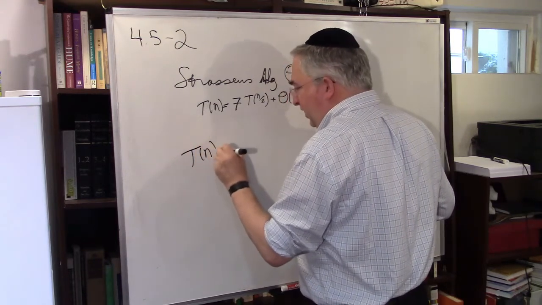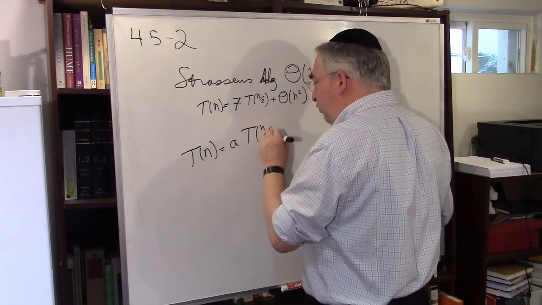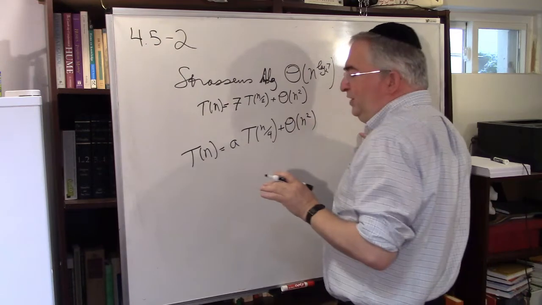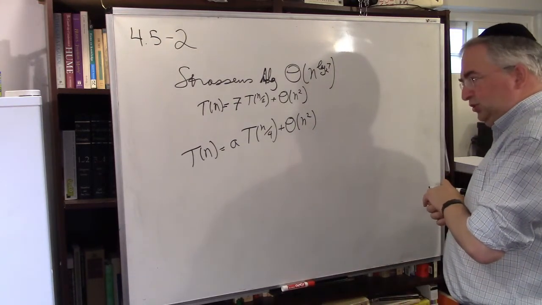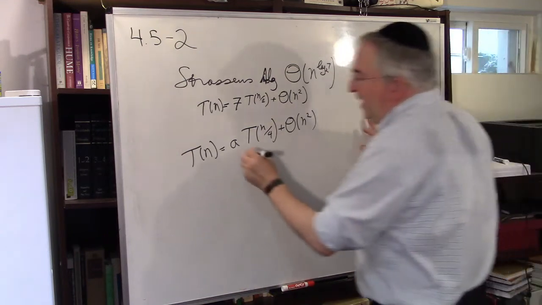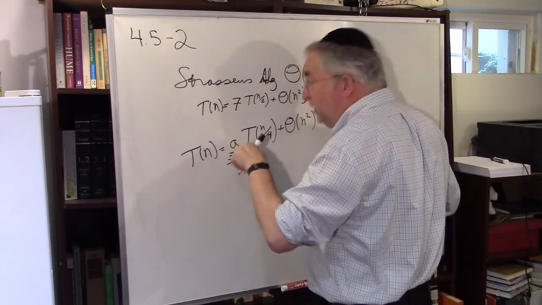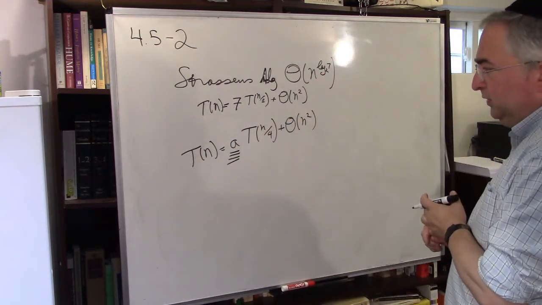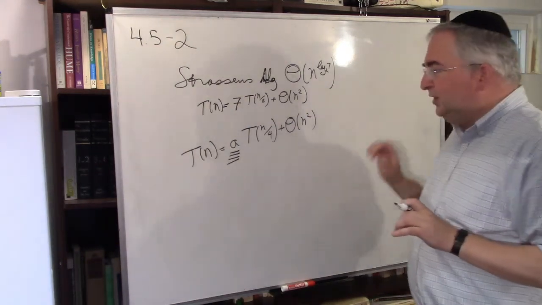T of n is equal to a T of n over 4 plus theta of n squared. So everything is exactly the same except this. So here's the question. What does a have to be in order for this to beat Strassen? We're going to stop for a minute, and you're going to try to think of it, and then we'll answer.